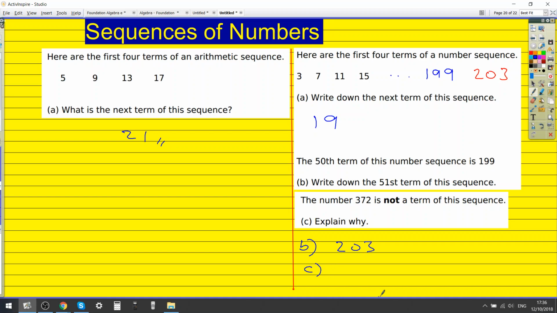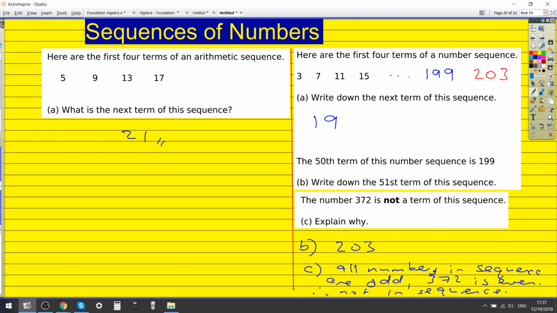The number 372. Because all of the numbers in the sequence are odd, and 372 is an even number. In sequence, odd, and 372 is even, therefore not in sequence.